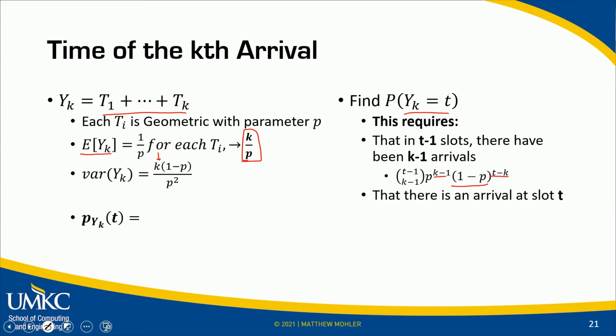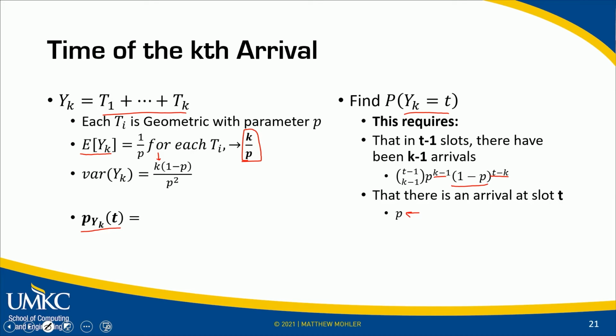Well, this is just a Bernoulli event, so we can say that that is really just p. That p is our probability of an arrival at slot t. So multiplying these together is what will ultimately give us this PMF of y sub k for a specific time t, or a specific slot t.